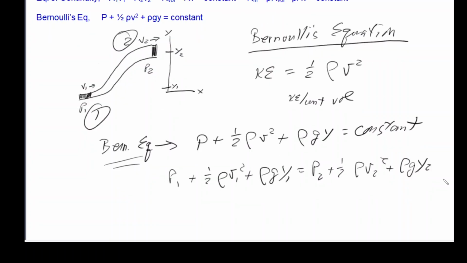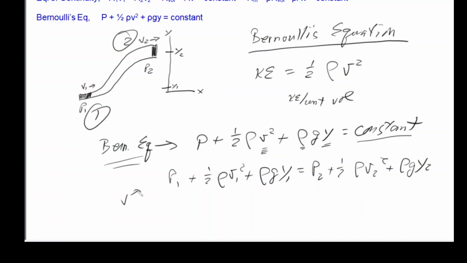So what Bernoulli's equation also shows is that if the speed of a fluid increases as it travels horizontally, then the pressure of the fluid decreases, and vice versa. Because since this is a constant in this equation, if V increases, okay, then if it's horizontal, then Y is the same, density is the same.